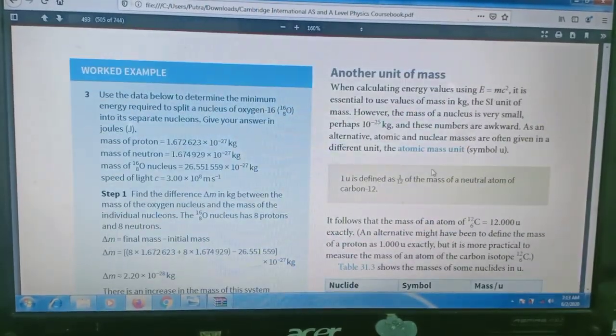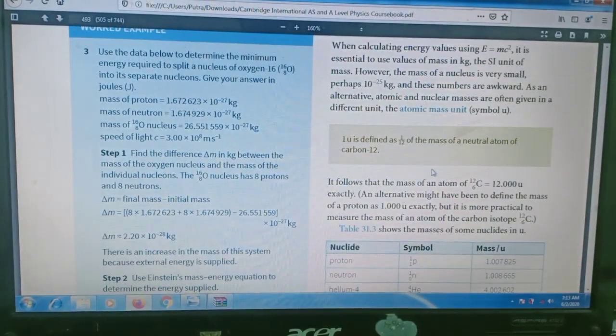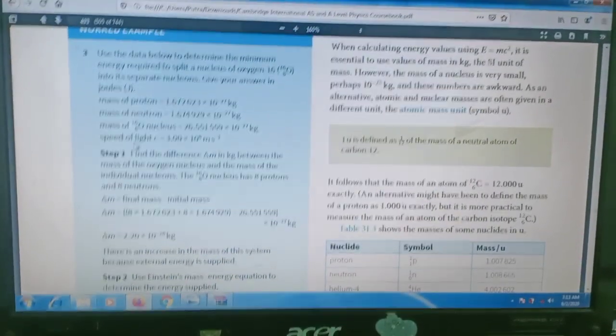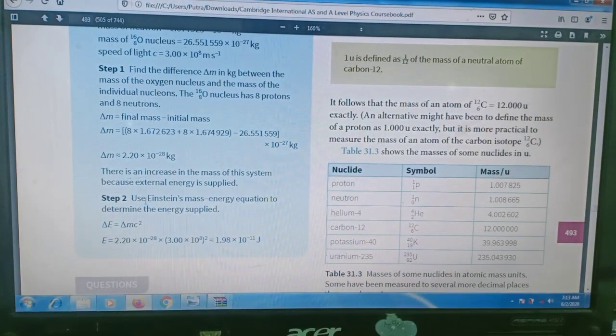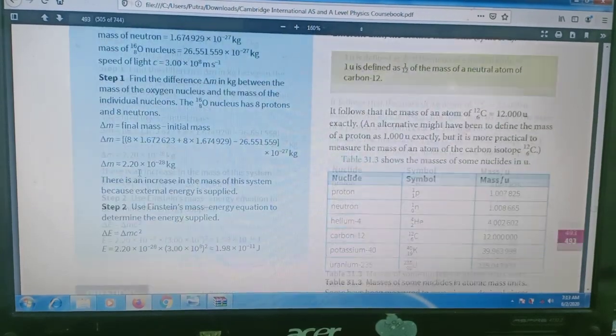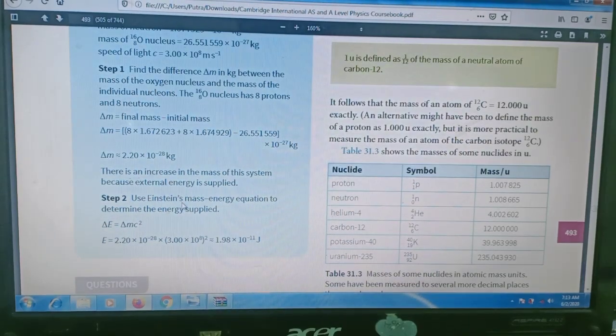Now you can see also the worked example in page 493. This one for an oxygen atom, before and after it is dismantled. And we can calculate the energy supplied to dismantle the nucleus.